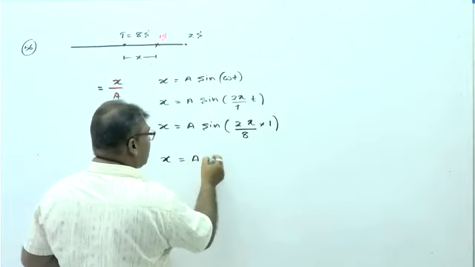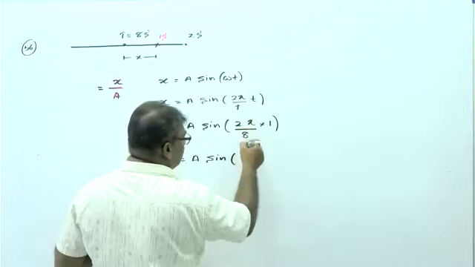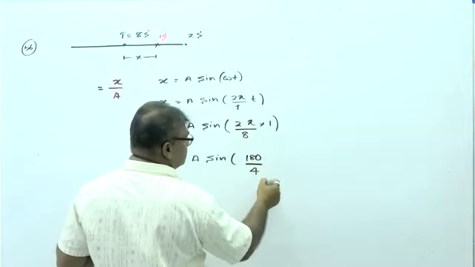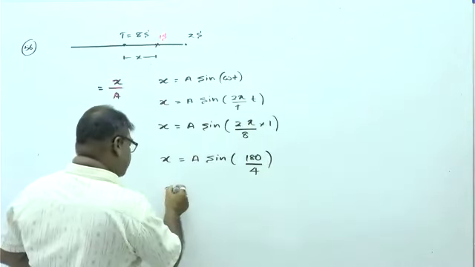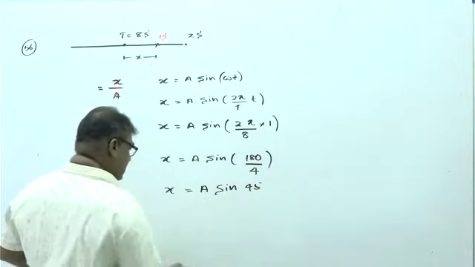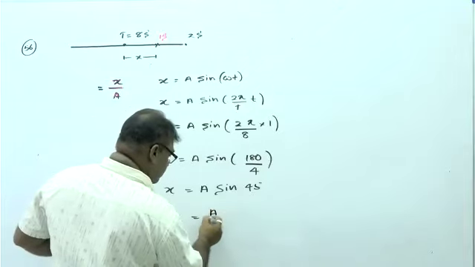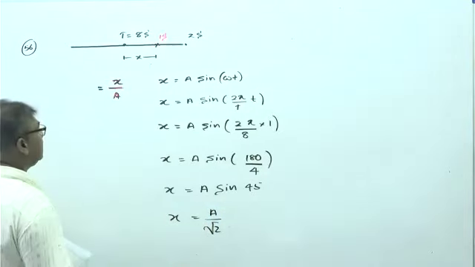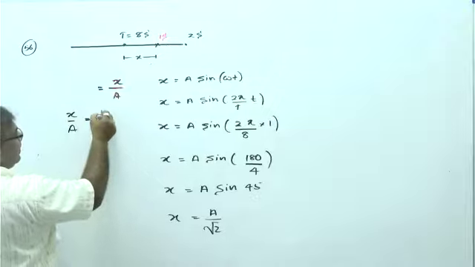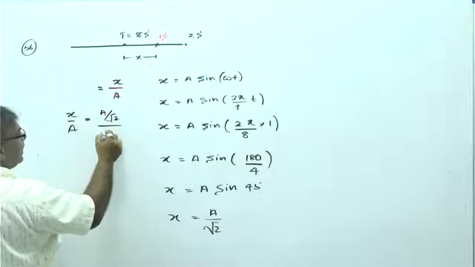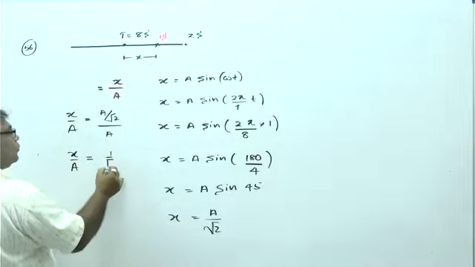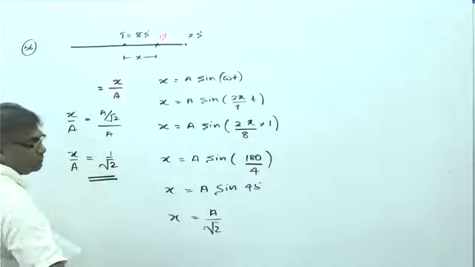Then x becomes a sine of pi over 4, since pi is 180 and 180 by 4 is 45. Sine 45 is 1 over root of 2. So x is a by root of 2, a cancels, then x over a equals 1 over root of 2. This could be the answer.